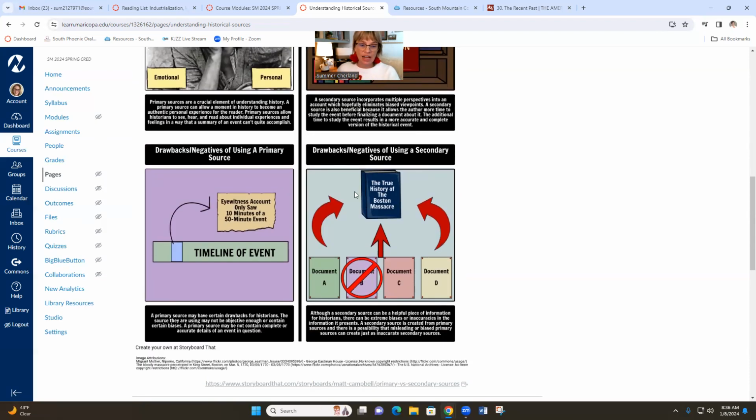Now, one of the things that the creator of this storyboard indicated was there are some drawbacks or negative aspects of using either one of these sources. So the first is a primary source, right? That's a very biased piece because the person in question created it in the moment. They also maybe only saw like a brief snapshot.